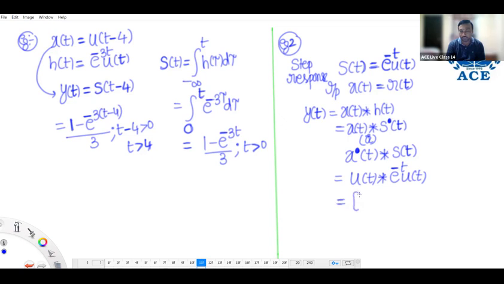Yesterday, so many times we enjoyed this. It is nothing but 1 minus e power minus t u of t. So many times we used that formula yesterday. If you are unable to take the derivative of one function, interchange the derivative.